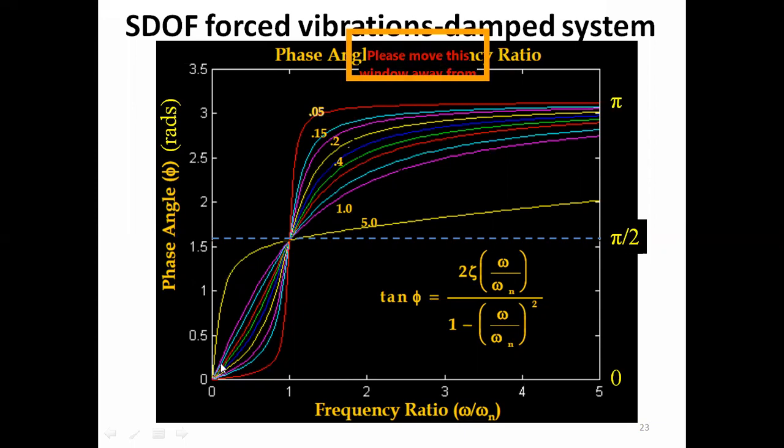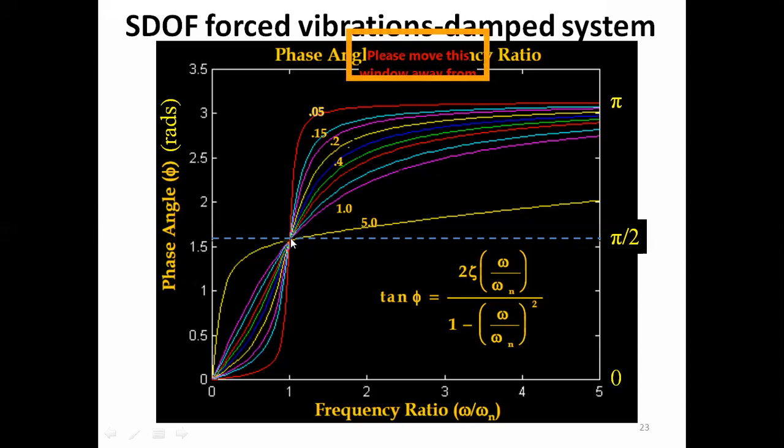Here you could see again, we could divide this into two regions. This is the region where the frequency ratio is less than 1. Frequency ratio 1 means resonance, and this is the region where the frequency ratio is more than 1. You could see the simulation.